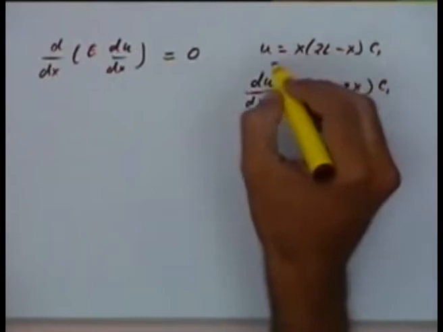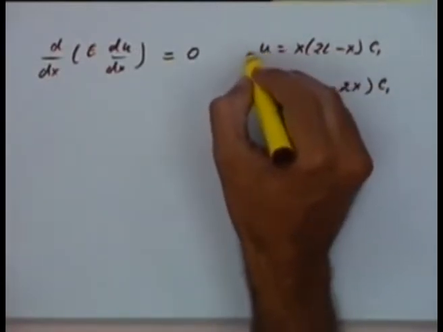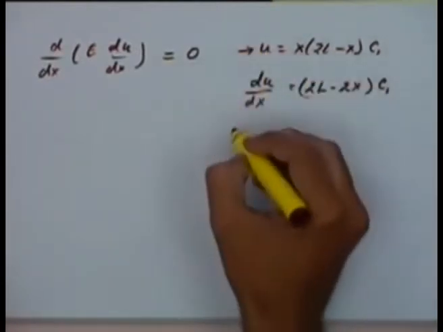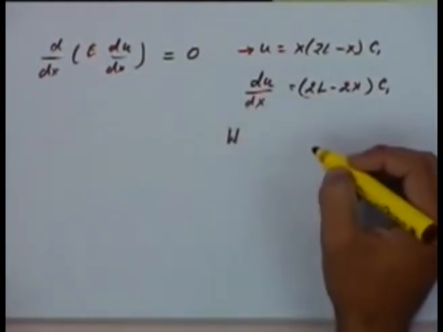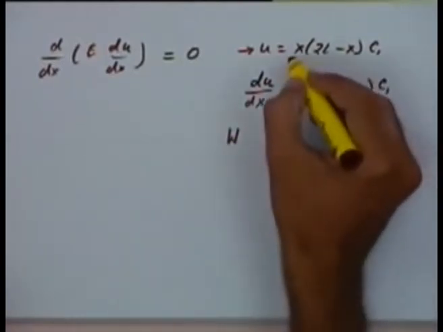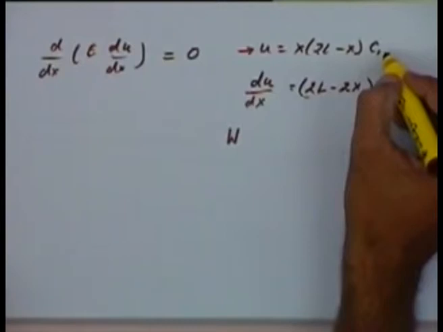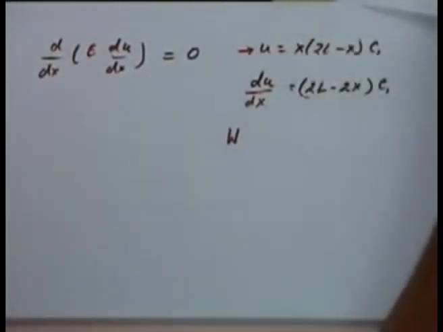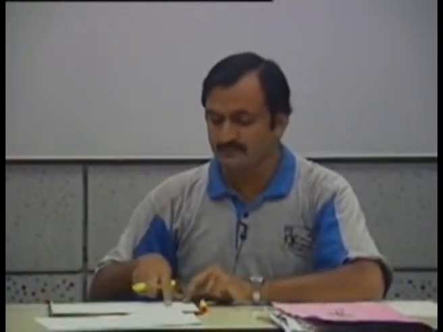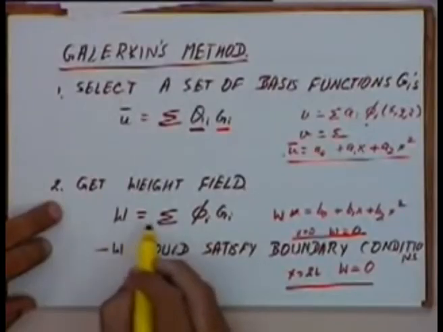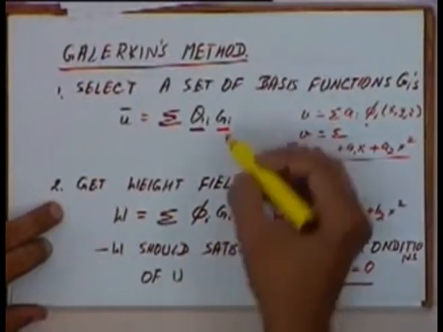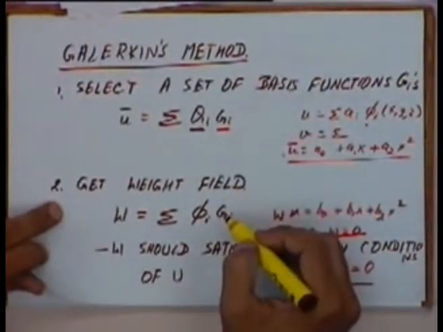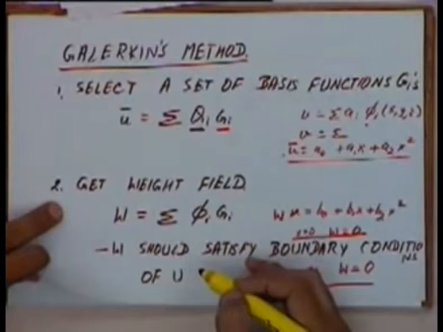Since I have taken u to be given by this expression, I have to take a weight field, and we said that the weight field will have the same form as this. If you remember the second step, we said the weight field will be W equal to sigma phi i gi, where the gi's will be the same, and the same boundary conditions will also be satisfied.